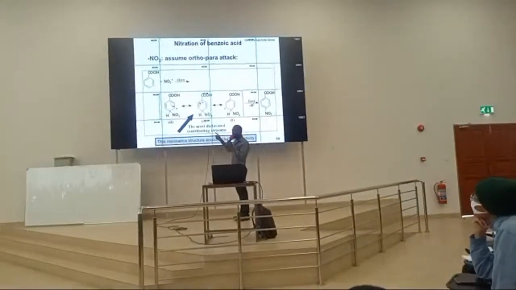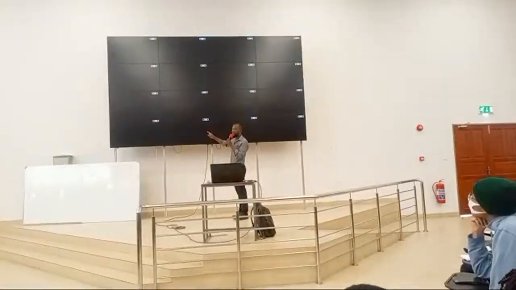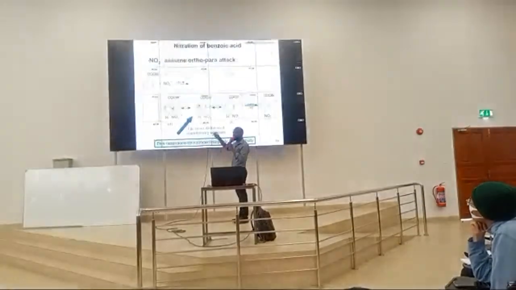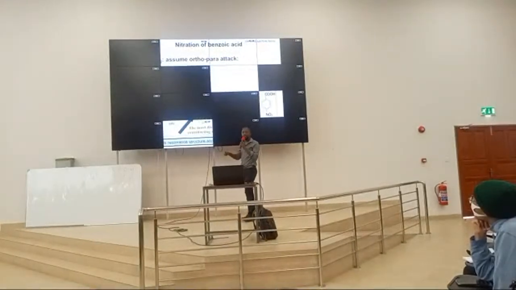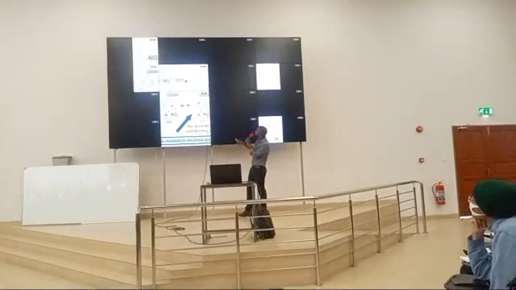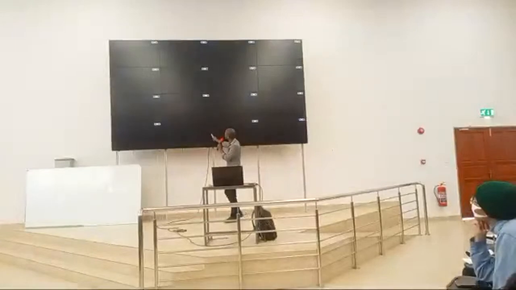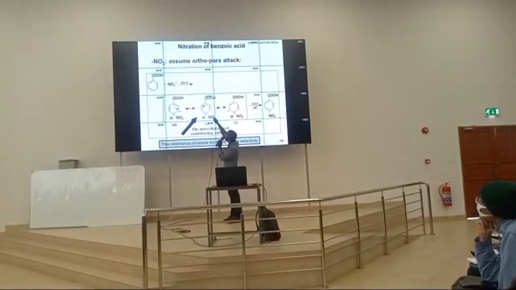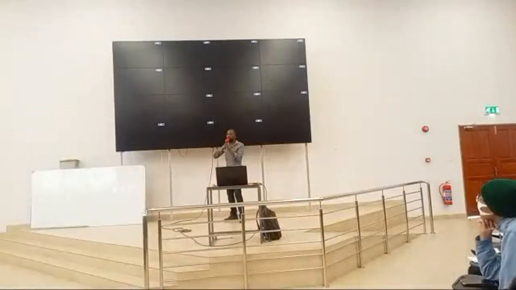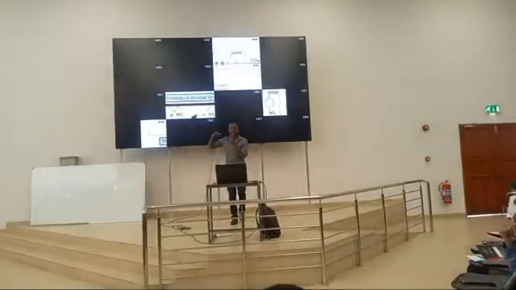Although we have 3 resonance structures here, which is the same number as in the previous one, same number but not identical, we actually see that there's one disfavored structure here where the positive charge is sitting on a carbon atom connected to an electron withdrawing group.